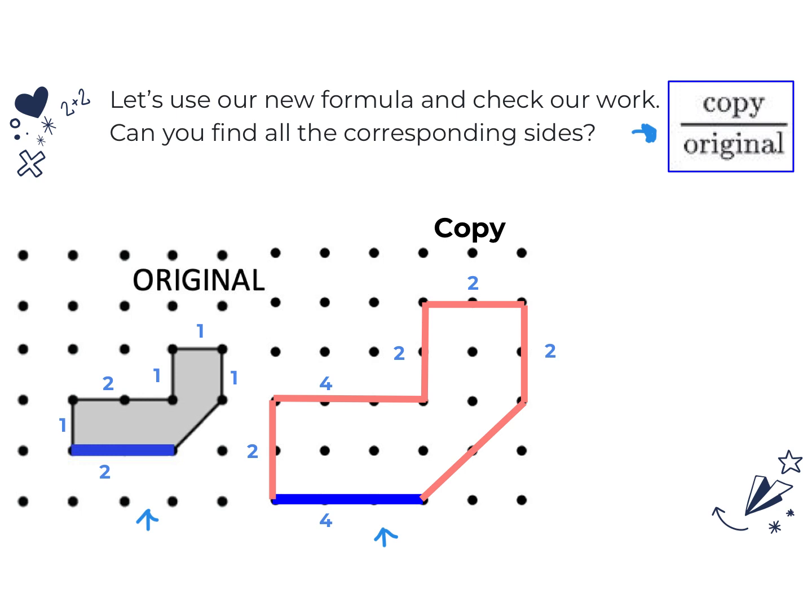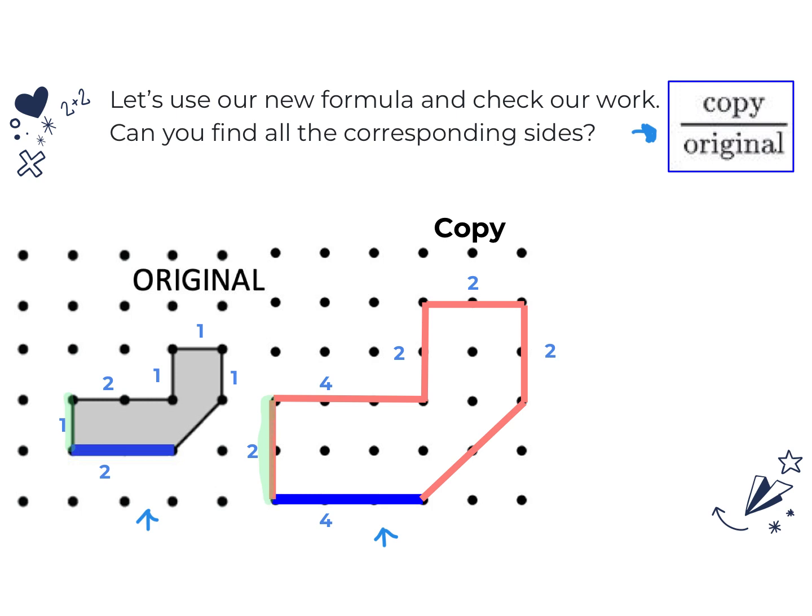So I'm going to start with a green highlighter, and I'm going to work on this side right here. If I have that side and that side, those are corresponding sides.